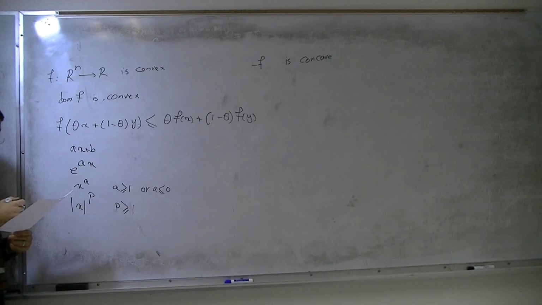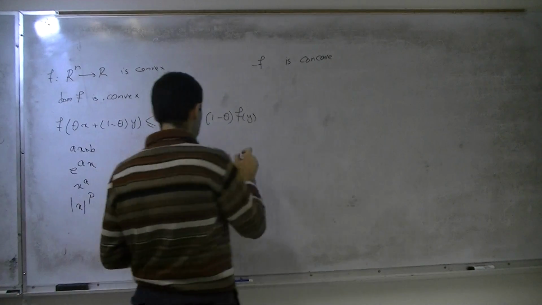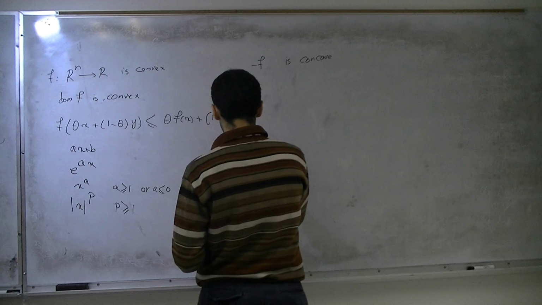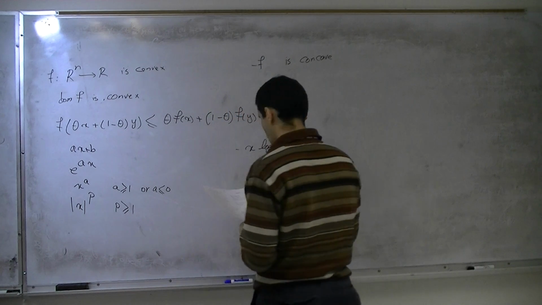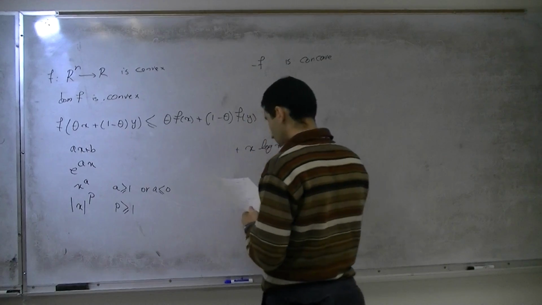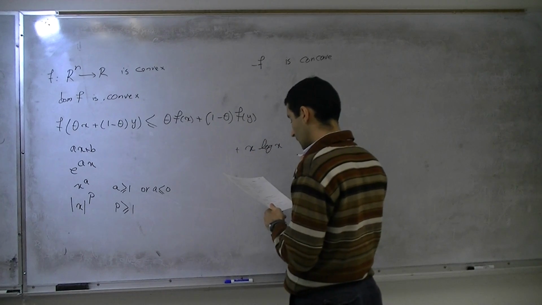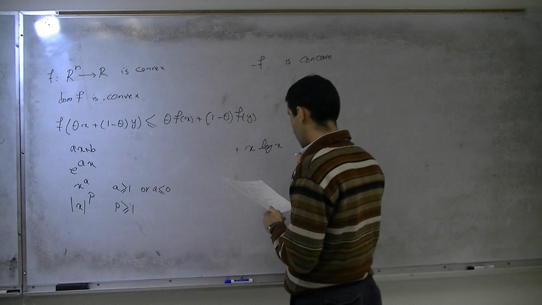And negative entropy: entropy is minus x log x, and negative entropy is plus this one, and this one is convex.